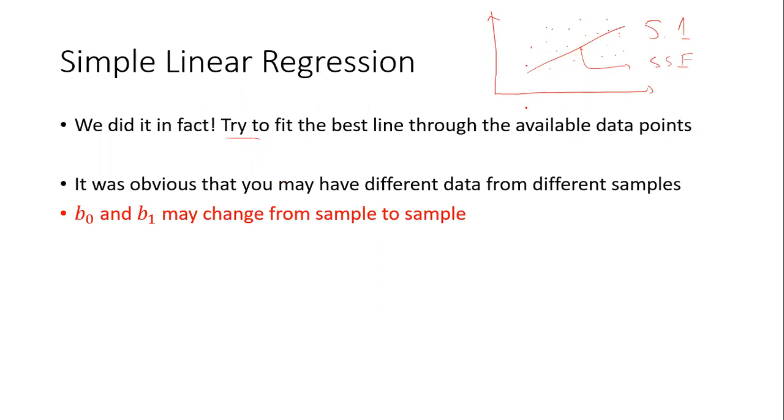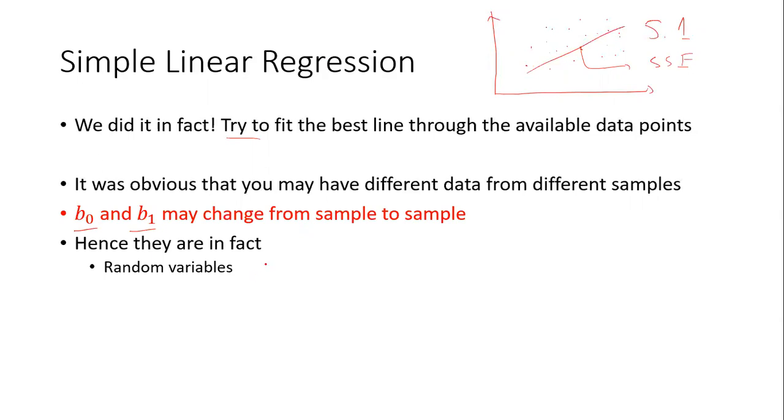So the B0 and B1 that we found in the previous example, when we were trying to find this line that passes through these points, well, in fact, they are random variables, right?